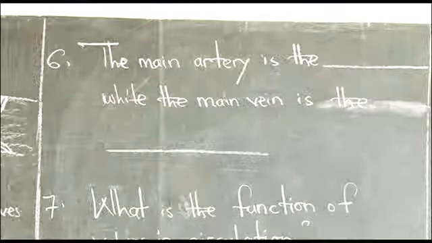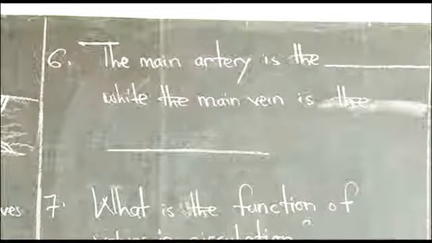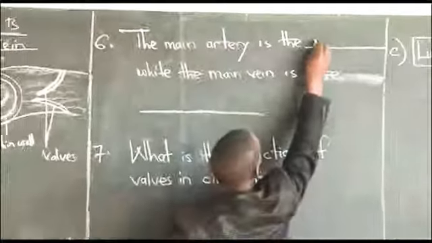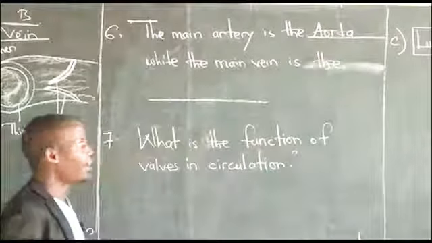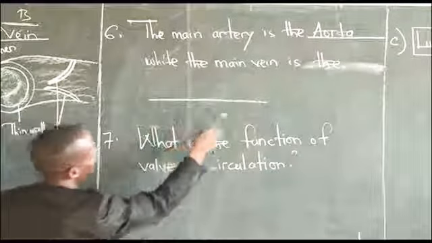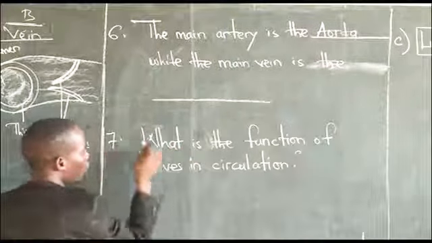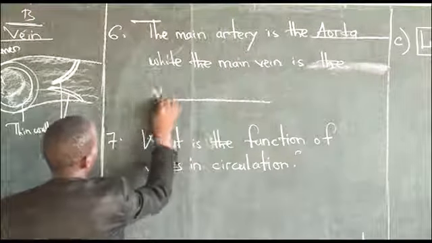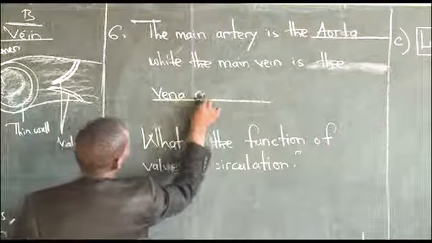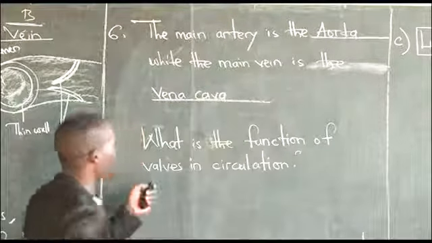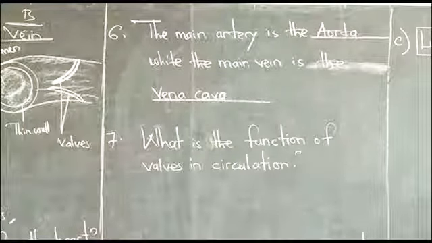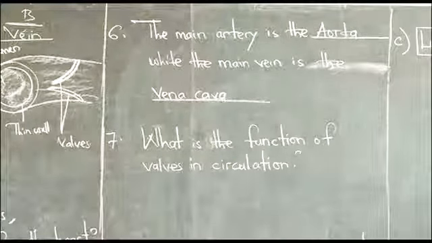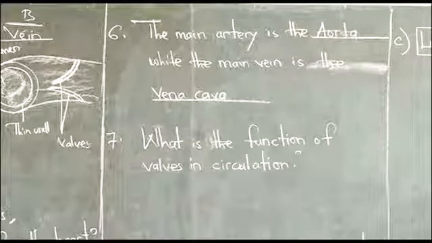So the aorta will be the major artery, while the main vein is the vena cava. In the word vena cava, remember there are 2 words, vena cava. As simple as this.